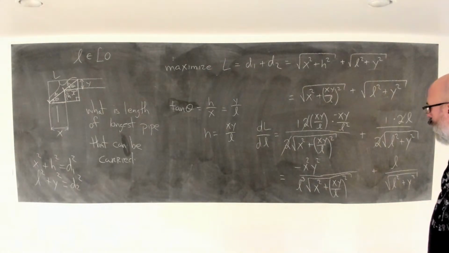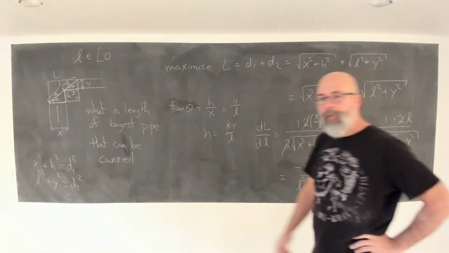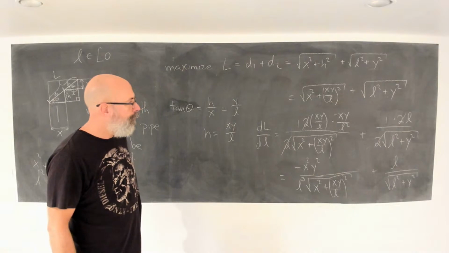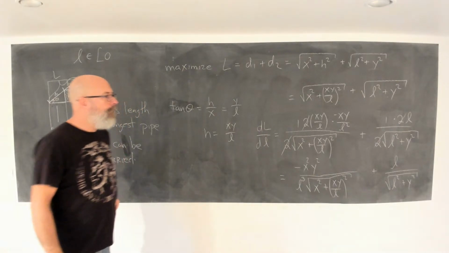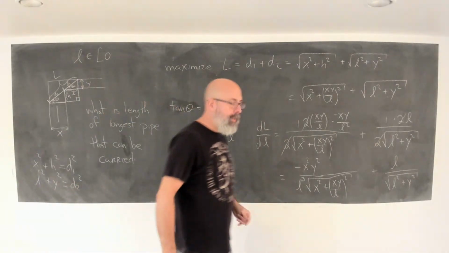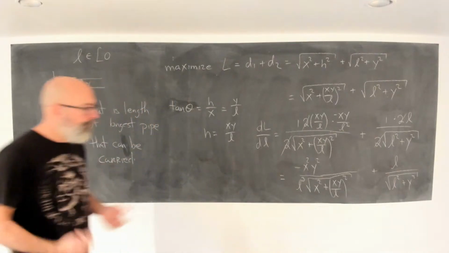It wouldn't really make it any simpler. Convince yourselves of that. Take x to be 1 and y to be 2. It's not going to make it any simpler.